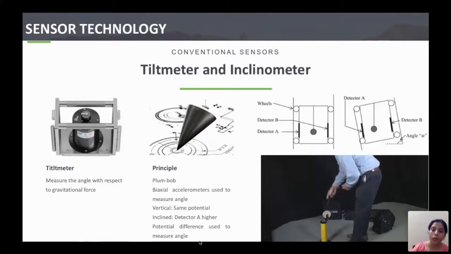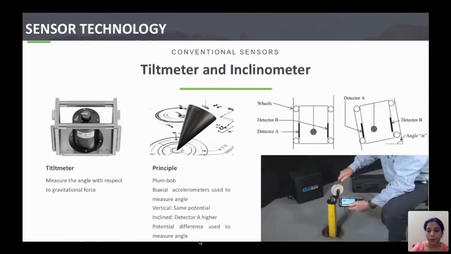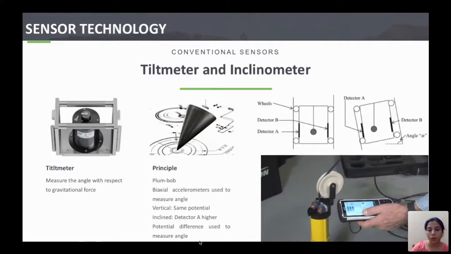In this way, you will keep on sending the sensor throughout the depth of the foundation. Once it touches the bottom, you will start taking readings, and you keep on taking readings. Every time you will make sure that the readings are the same to ensure there is no angle inclination.